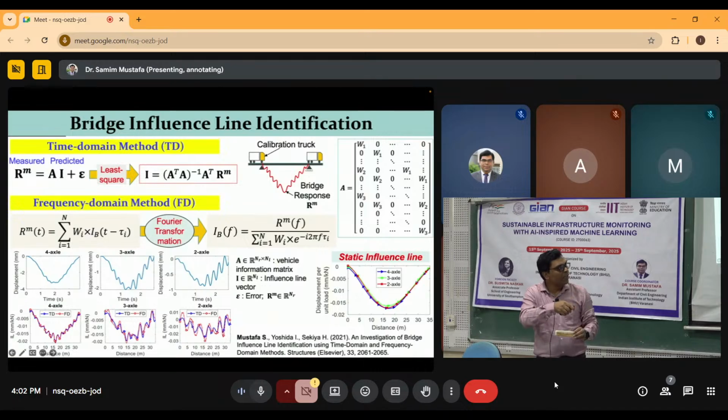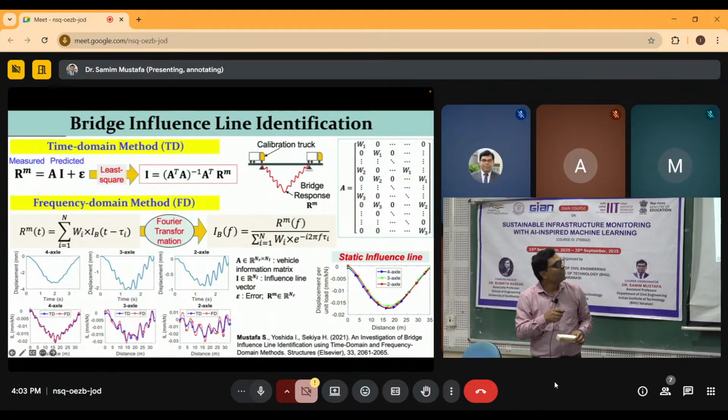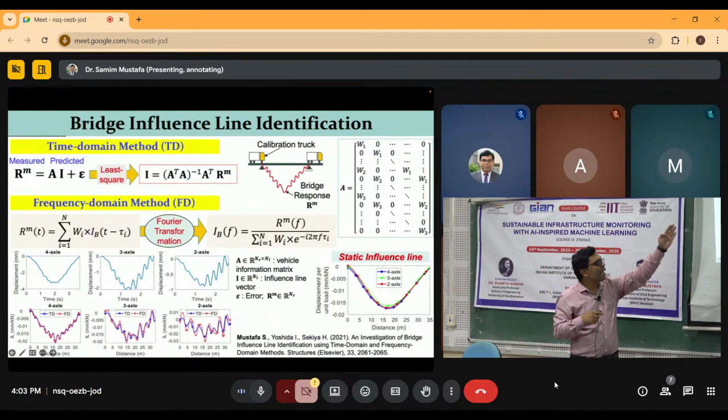So this is the vehicle information matrix, which should be constructed based on the calibration vehicle, because you know the weight of the vehicle. Then this can be minimized by identifying I. So how? I = (A^T A)^-1 A^T Rm. Here Rm is the response that you are measuring, and A is the vehicle weight matrix or information matrix. So all the things are known, so I can be known. Okay, so this is the time domain method.